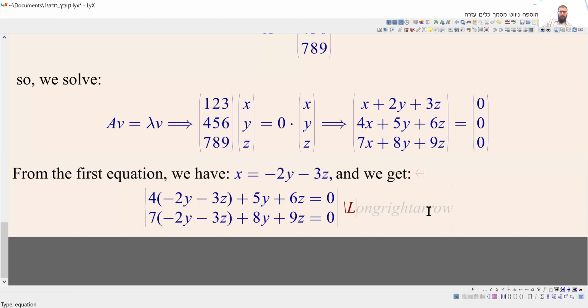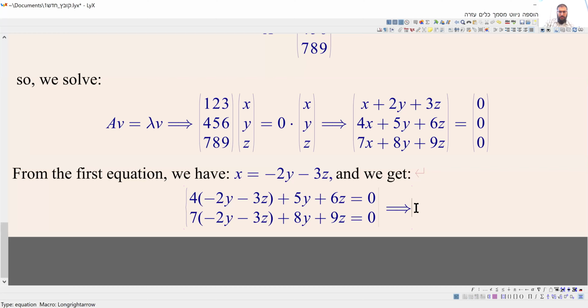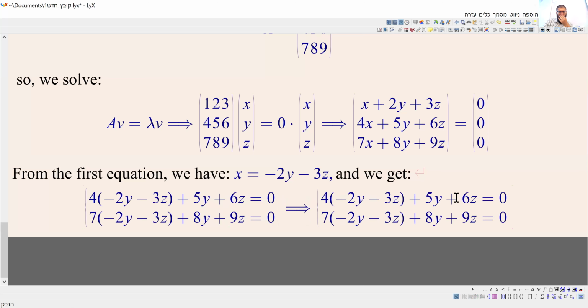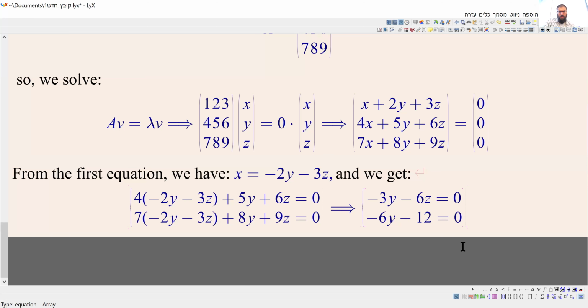If we arrange it a bit differently, we get minus 3y minus 6z. And here we have minus 6y minus 12z.